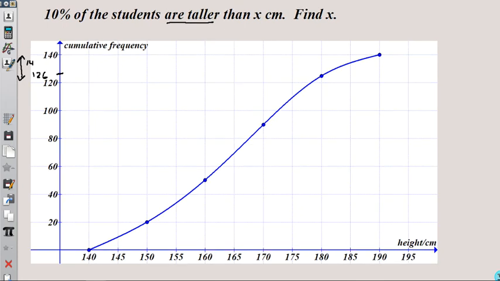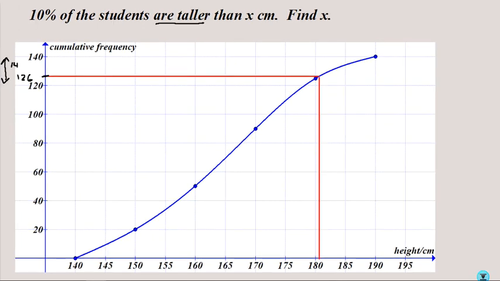The process is the same, but it's done in a reverse way. We identify this value on the cumulative frequency axis representing the top 10%, and then we go across and down, giving us a height of something like 181, maybe a little less, but then this value is 181.